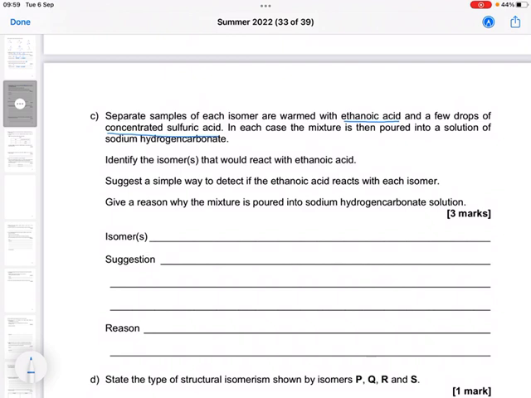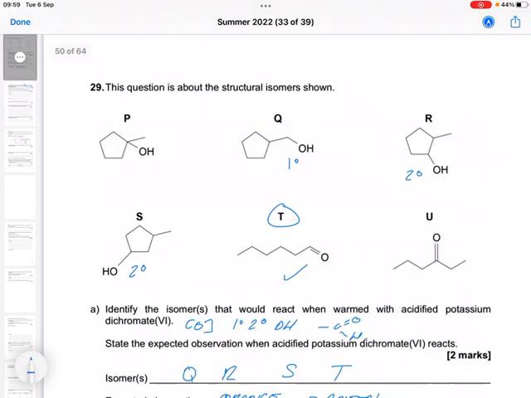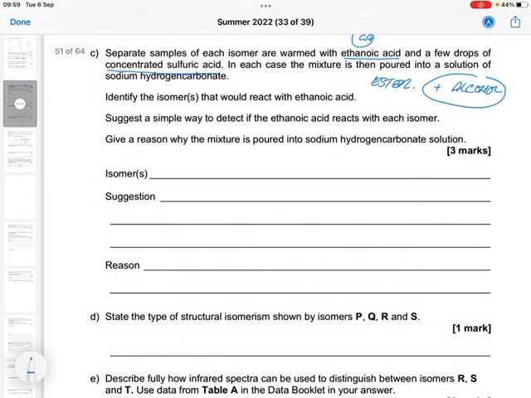To make an ester we need a carboxylic acid and we also need an alcohol. So all of the alcohols in the diagram above will react. So that's P, Q, R, and S. They're all going to make esters.